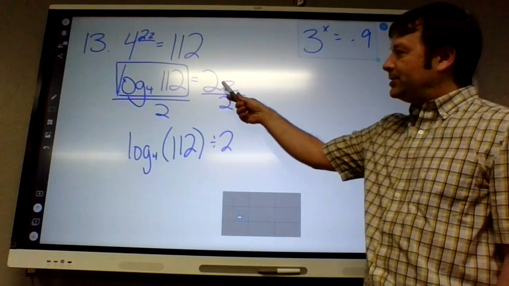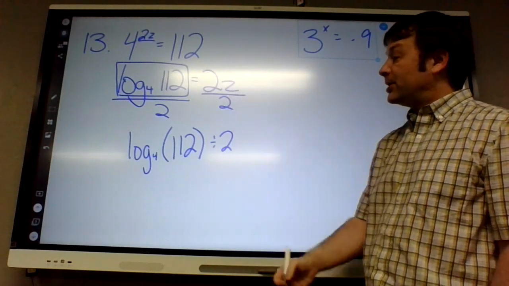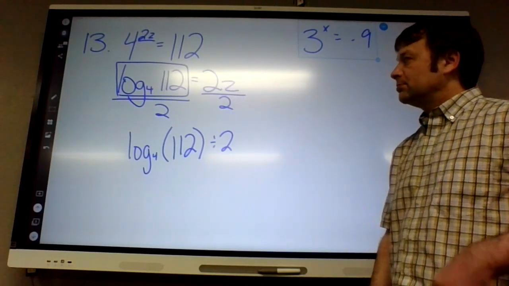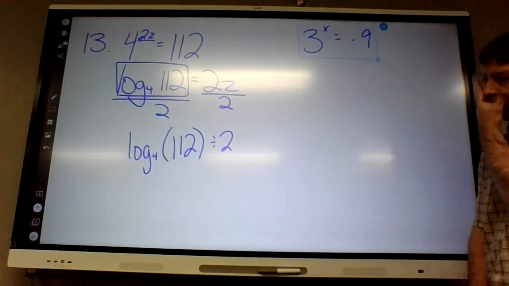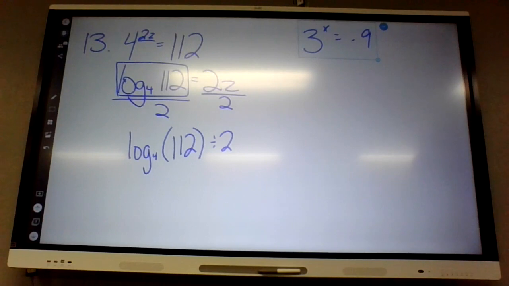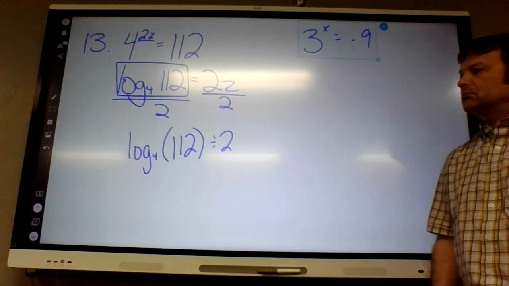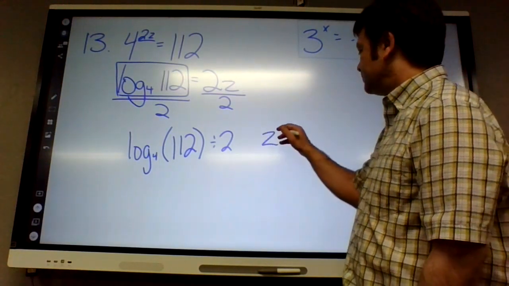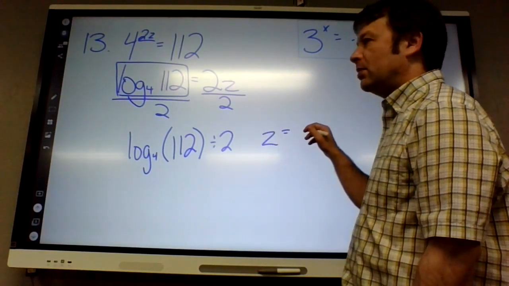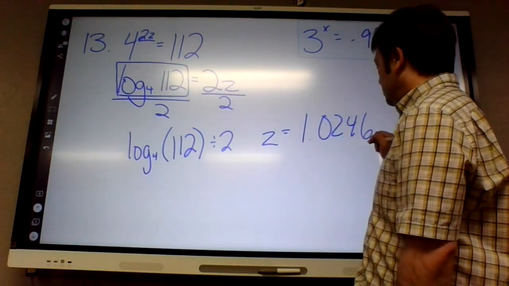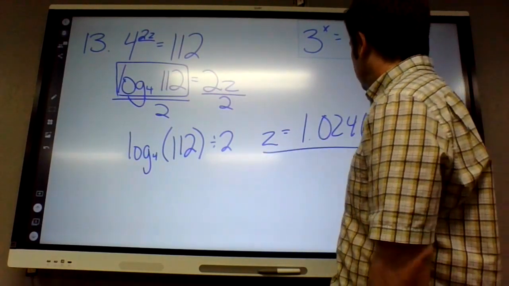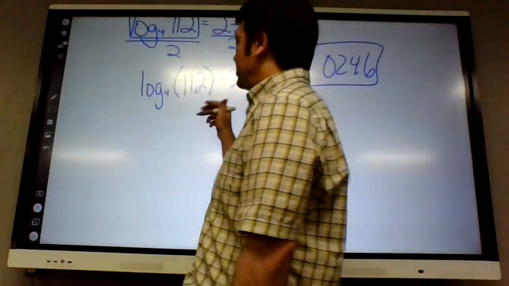Anyway, we have to divide by 2 to get this z by itself. What do we get? 1.0246. Right. I guess 2 people agree it's probably right.